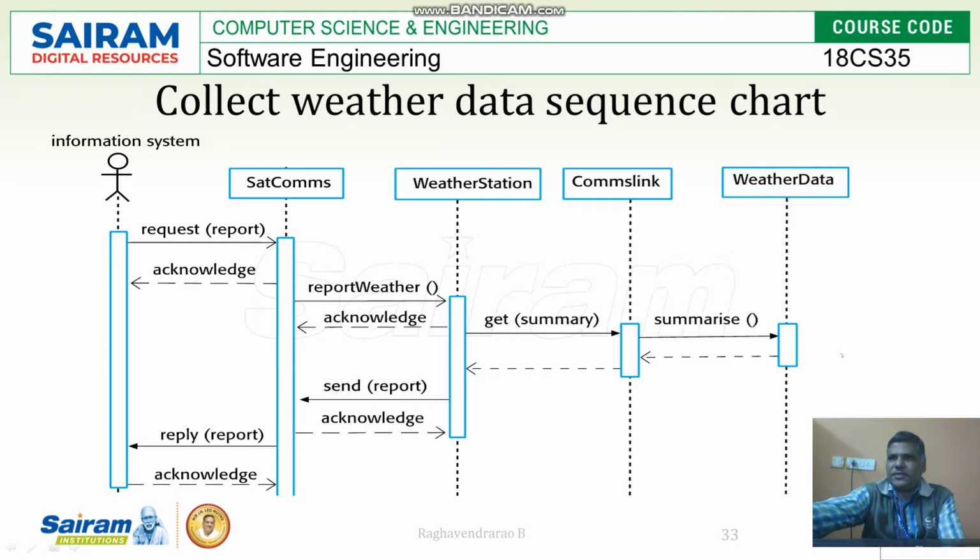Those are summarized and it gives the acknowledgements properly whenever that input is given. Then the report is sent, the acknowledgement comes back, then the report is replied to the requester, then the acknowledgement is received by the communication.